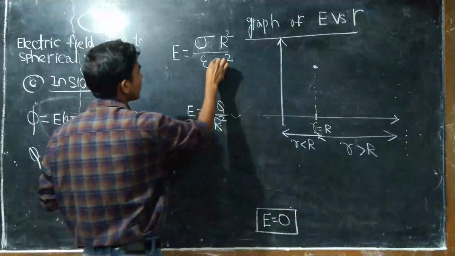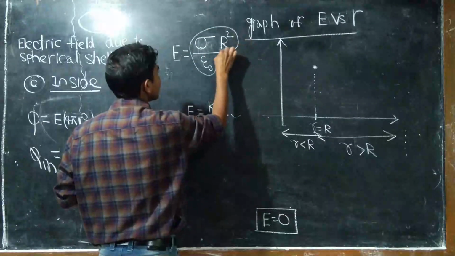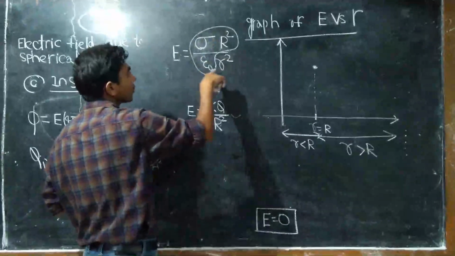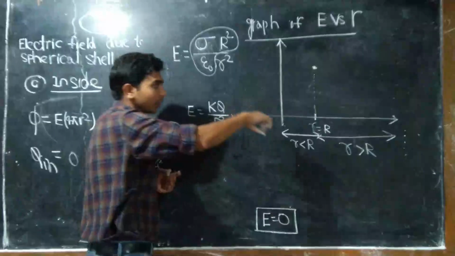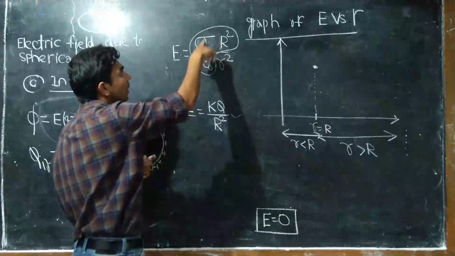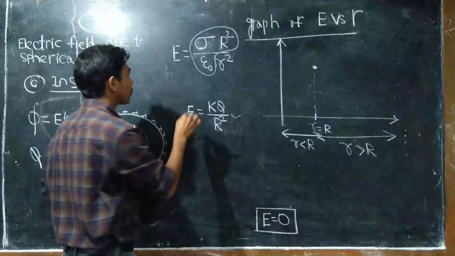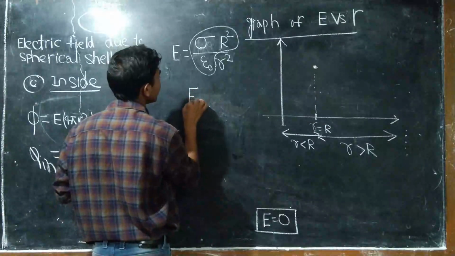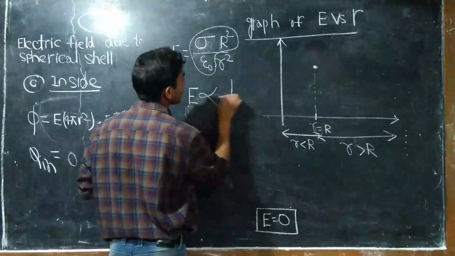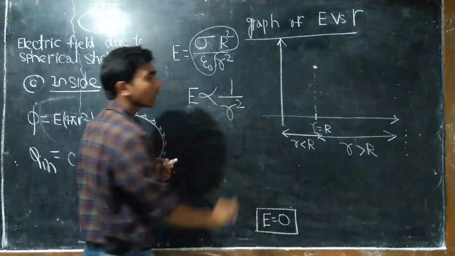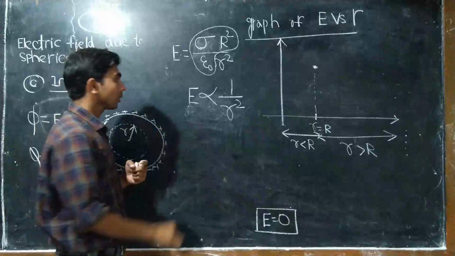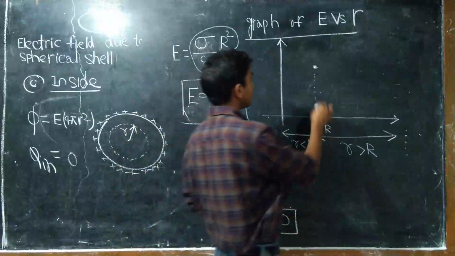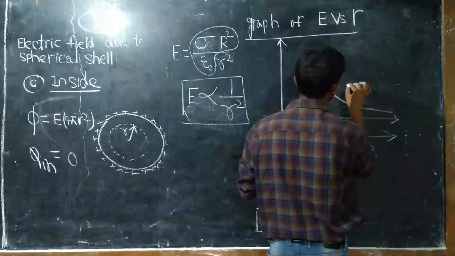You can see this value is constant, and this is varying. As the point changes, this value will change, while the constant is not going to change. So E is inversely proportional to r square.